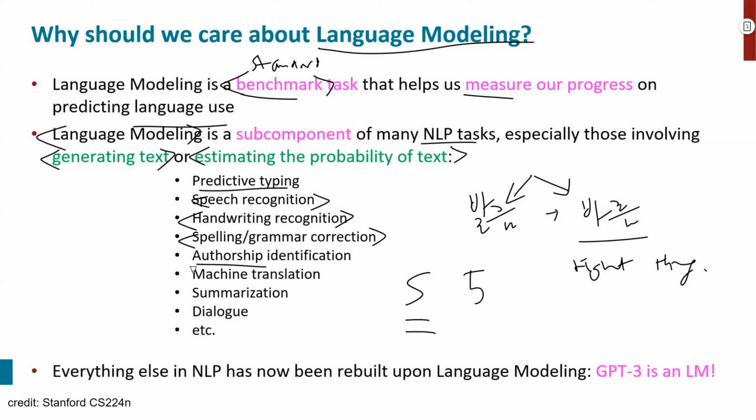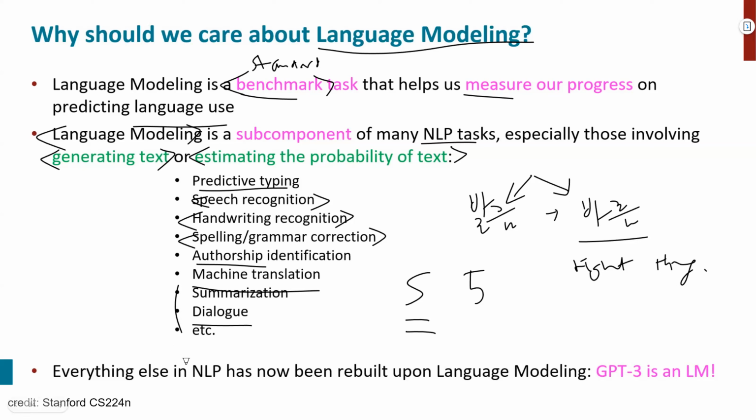And when you train some language models, then that model can actually detect the author of some texts, because each person has their own style of writing, and RNN models or language models can predict the author. And when you do machine translation, there might be some ambiguities. Then you can also correct or improve the probability of predicting the next word. When you do summarization and dialogue, similar principles apply.